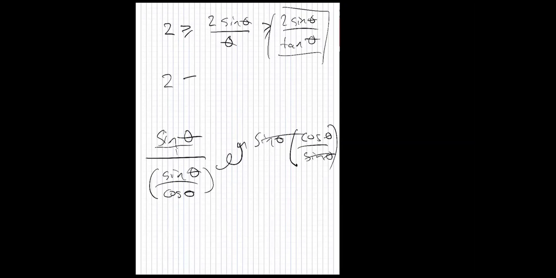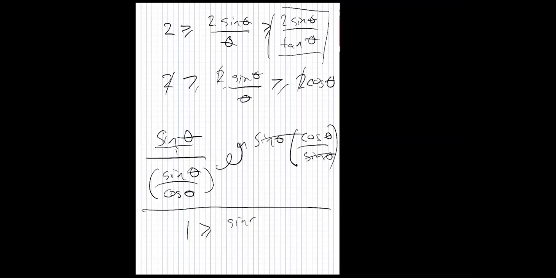So I get 2 is greater than or equal to 2 times sine of theta over theta is greater than or equal to 2 times cosine of theta. And then you cancel all the 2's. And so we get 1 is greater than or equal to sine of theta over theta is greater than or equal to cosine of theta.